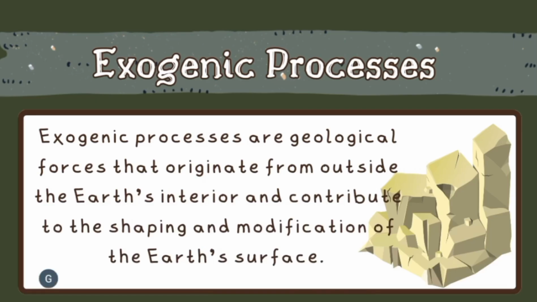Exogenic processes are geological forces that originate from outside the Earth's interior and contribute to the shaping and modification of the Earth's surface. Basically, exogenic processes is a geological phenomenon occurs near the Earth's surface. This is why we have different landforms and landscape. It contributes to the formation and modification of the Earth's surface.